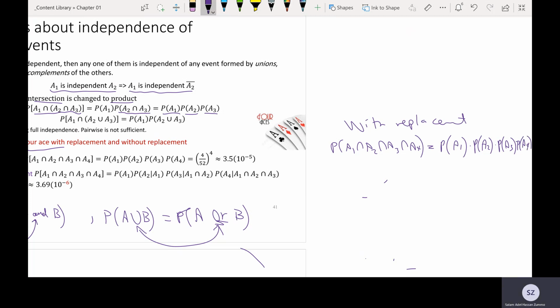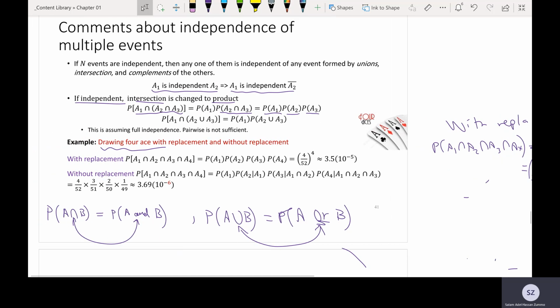Agree? Which is (4 over 52) to the power 4. No matter what, each time I'm just repeating the experiment again, and it's the same sample space. Each time I draw and put back, the experiment returns as it was at the start; nothing changed.